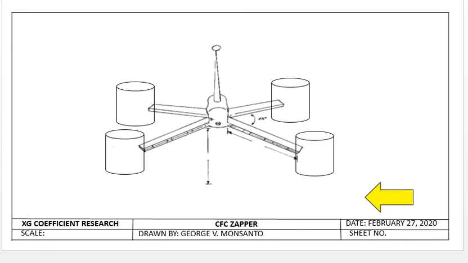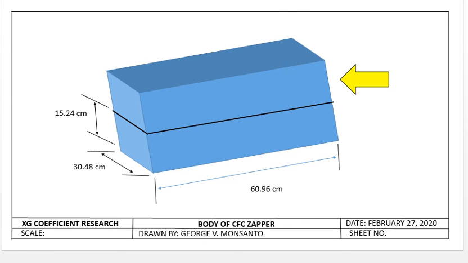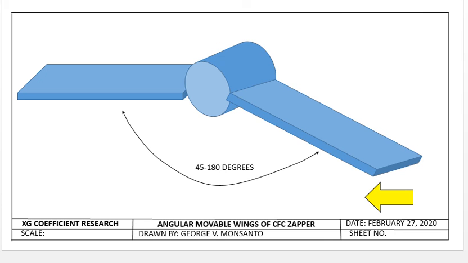Okay. Next slide. Yeah, you've seen this one. Okay. This is angular movable wings of the CFC Zapper.